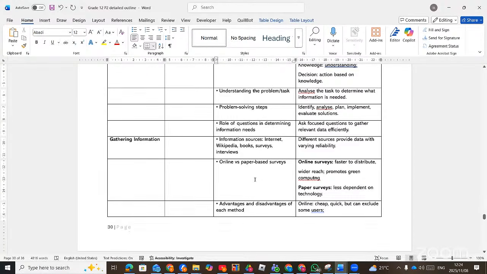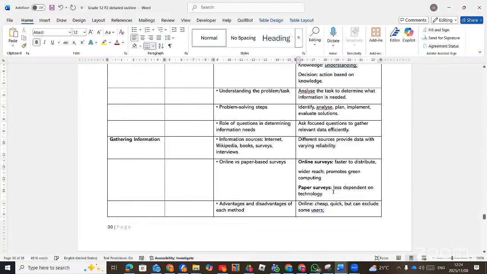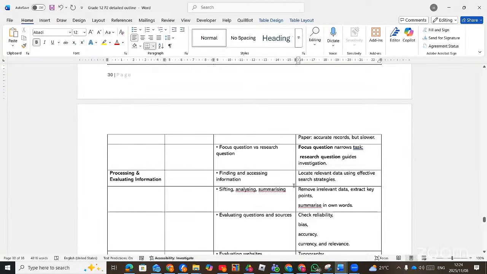Then, online and paper-based surveys or questionnaires. How to differentiate between the two and the advantages of an online questionnaire: faster to distribute, wider audience, and promotes green computing. Then the paper one, they depend less on technology. Right, so advantages and disadvantages, you have to know them also.